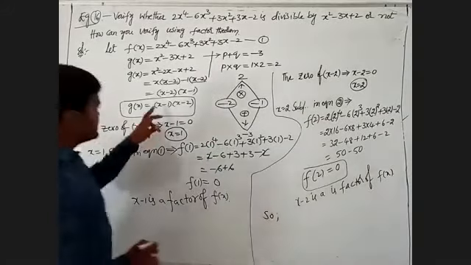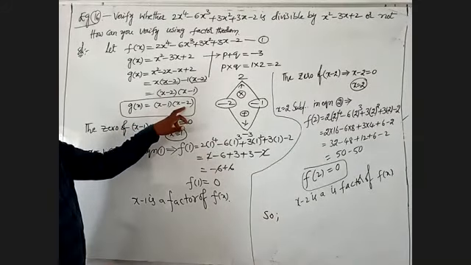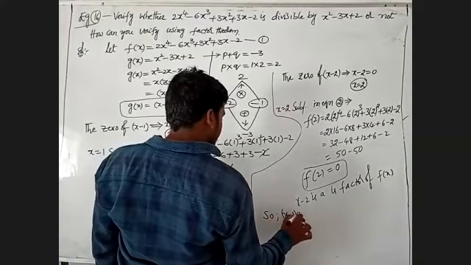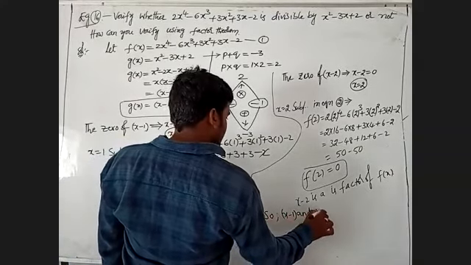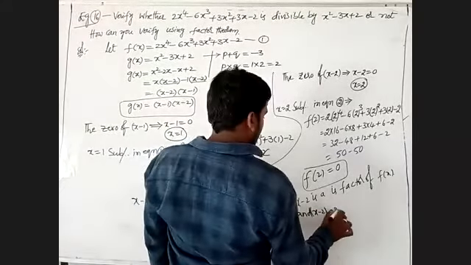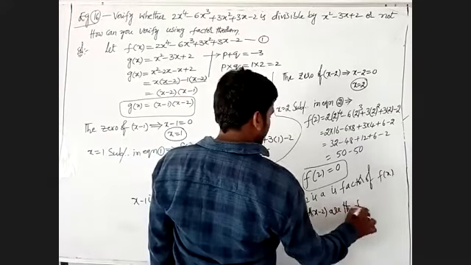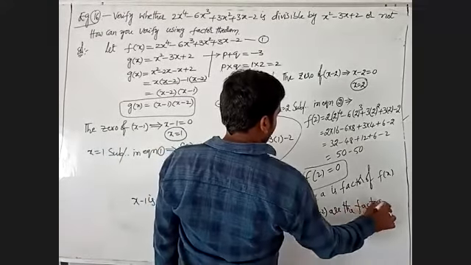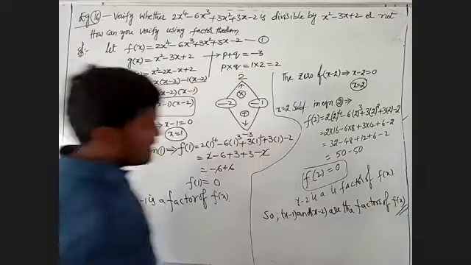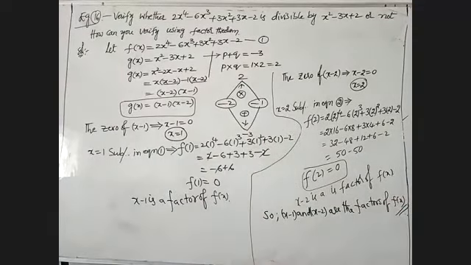So x minus 1 and x minus 2 are the factors of f of x. This is the given problem.